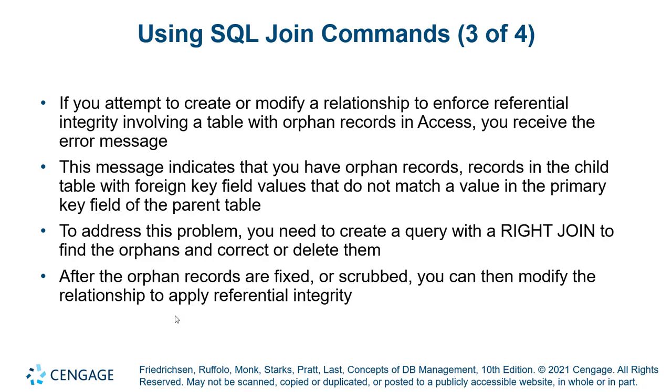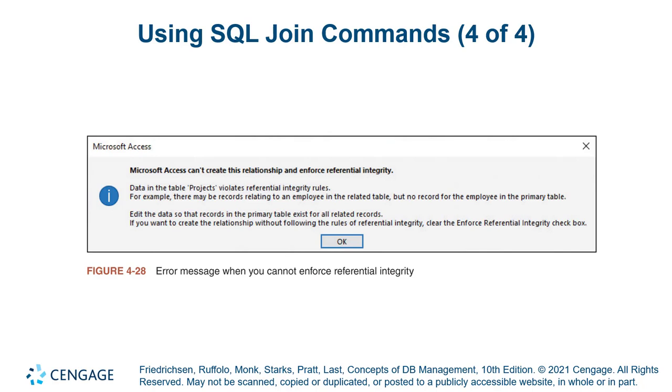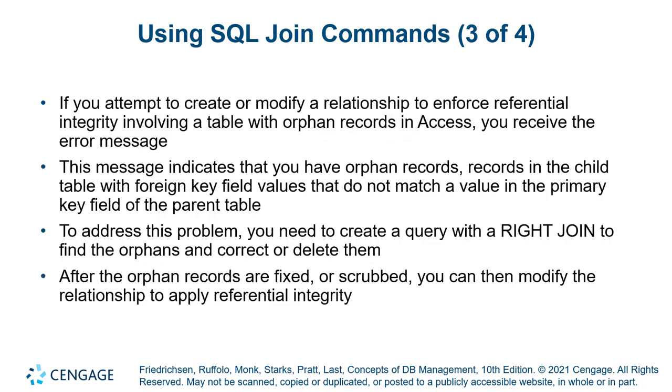So if you try to make that relationship and enforce referential integrity and get a message that looks like this, that's because you have an orphan record, meaning that you have a record in the child table, essentially the many side of the table, the foreign key, but there's no record in the parent table, the primary key, right?